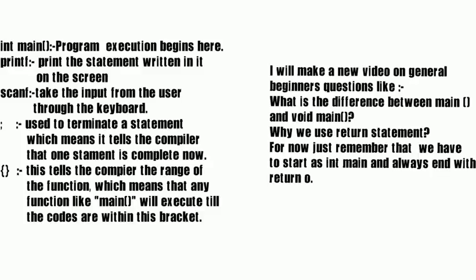In the first line I have written that program execution begins here in int main. So what does this actually mean? It means that the compiler will work on the code which is written within the main function. Like main, we can define and declare many functions in the program, but those functions will be ignored.